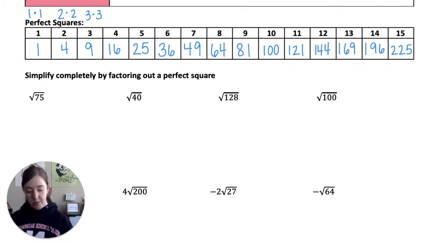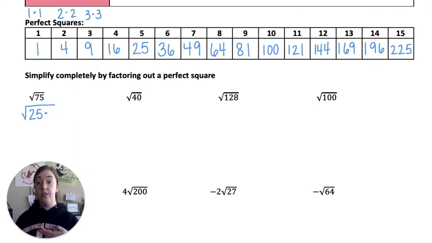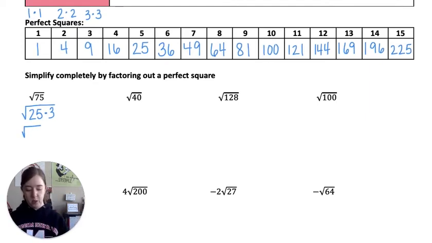So I can rewrite the square root of 75 as the square root of 25 times something. We know 25 was the biggest perfect square that goes into 75. And then what number do I have to multiply by 25 to get to 75? 3. So now I'm going to break that square root into 2 separate square roots.